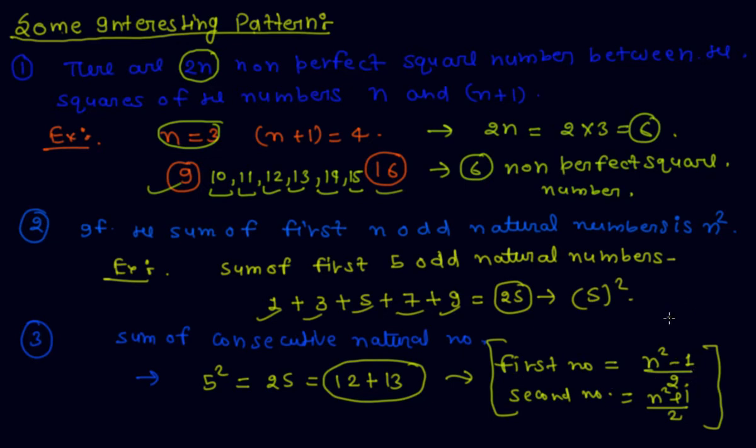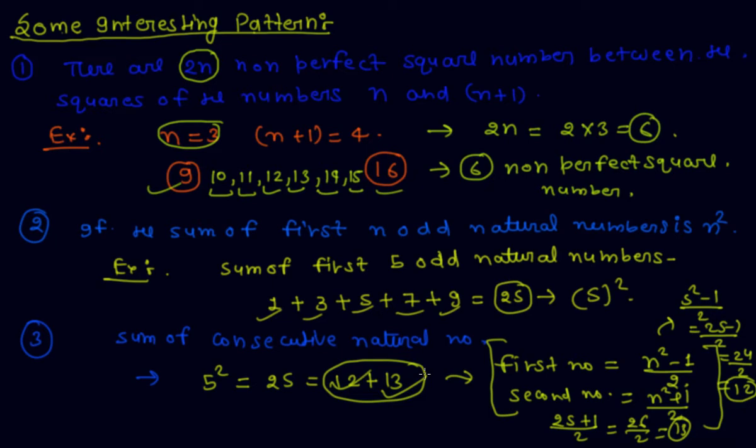So if I put 5, then (5 square minus 1) by 2 is (25 minus 1) by 2, which is 24 by 2. So the first number is 12. And the second number, (n square plus 1) by 2, is (25 plus 1) by 2, which is 26 by 2, which is 13. So the second number is 13. So I again check with the formula. Some more interesting patterns on the next page.